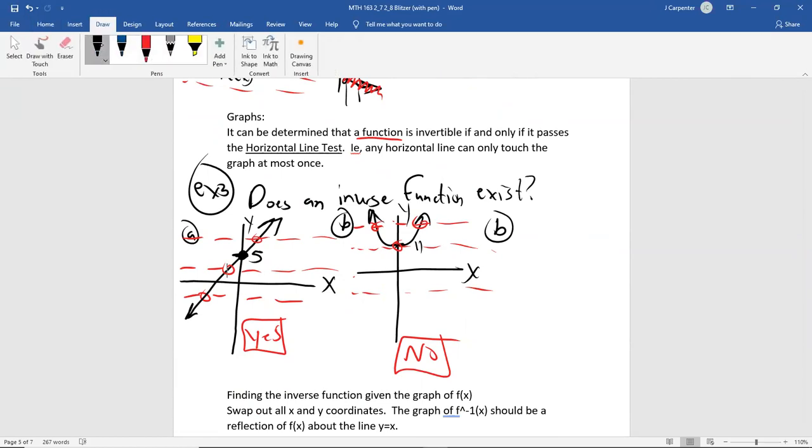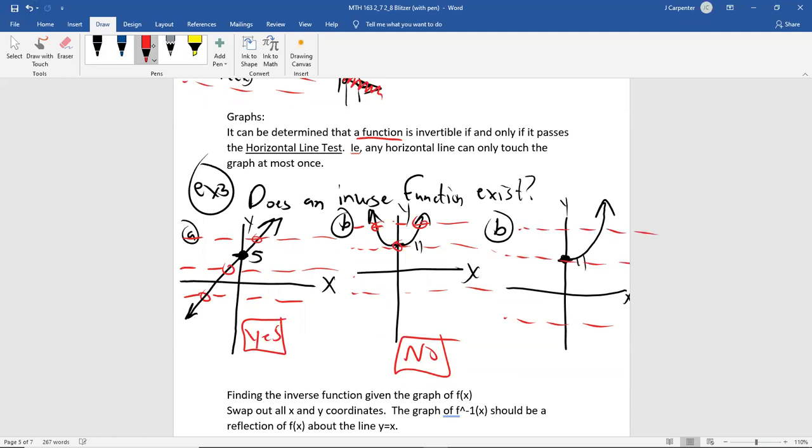But what if we clip that in the same way that we did before? So here's our height of 11, and now I'm only going to draw the positive values of this. So this thing is starting at 0. I've clipped this side off. I don't have the left side anymore. So the convenience there is that the horizontal line still works.